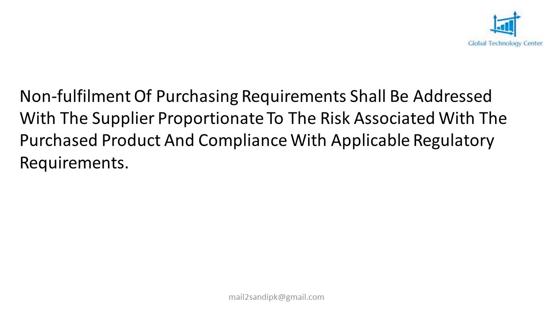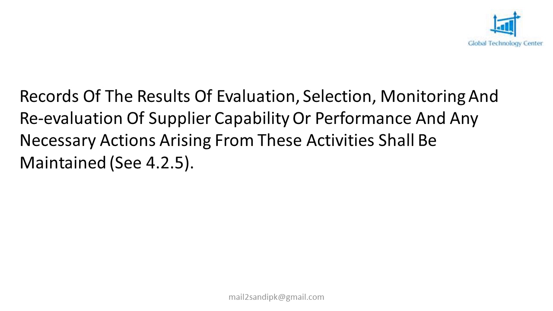Non-fulfillment of purchasing requirements shall be addressed with the supplier proportionate to the risk associated with the purchased product and compliance with applicable regulatory requirements. Records of the results of evaluation, selection, monitoring and re-evaluation of supplier capability or performance and any necessary actions arising from these activities shall be maintained.